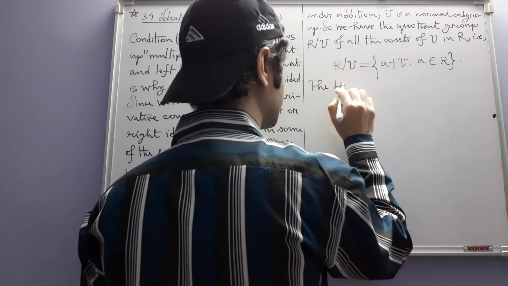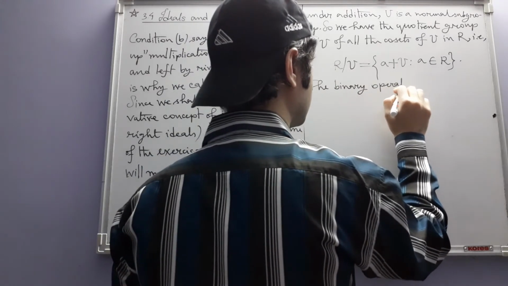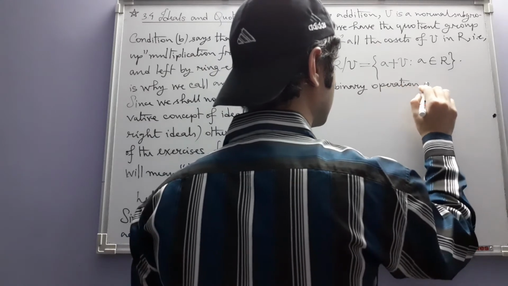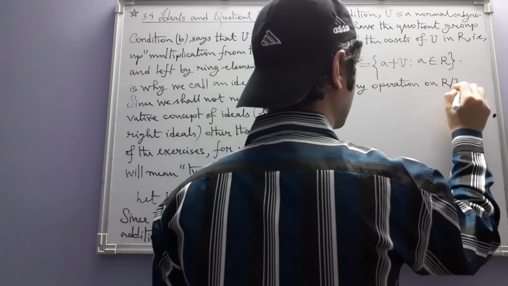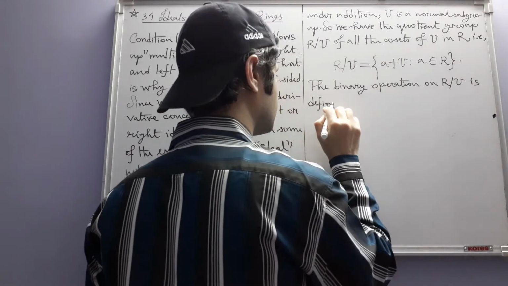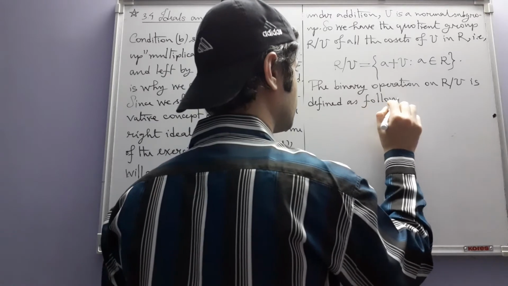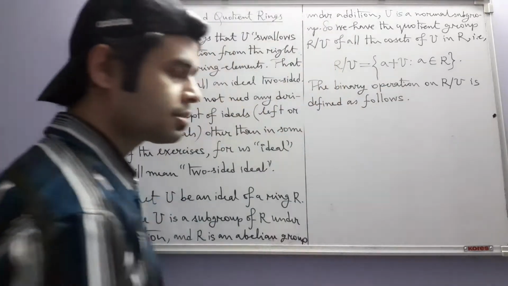The binary operation on R by U is defined as follows.